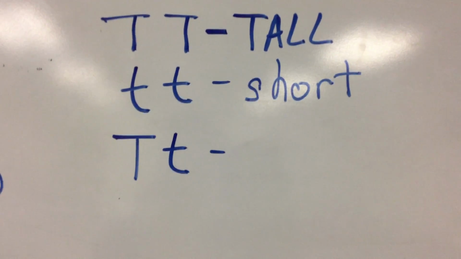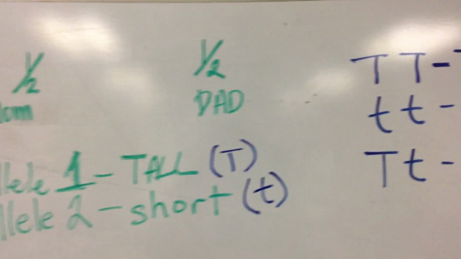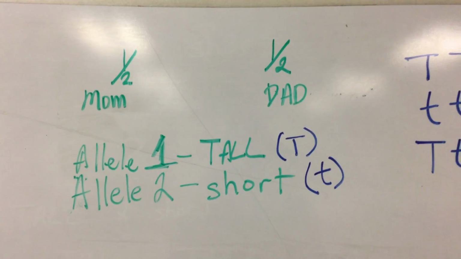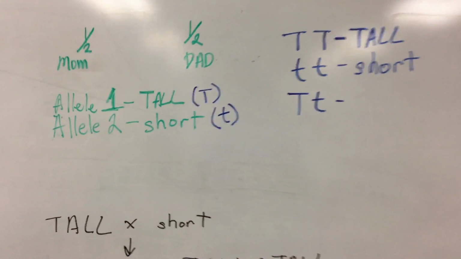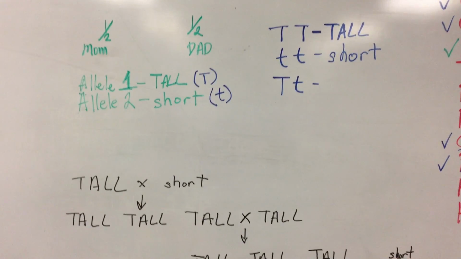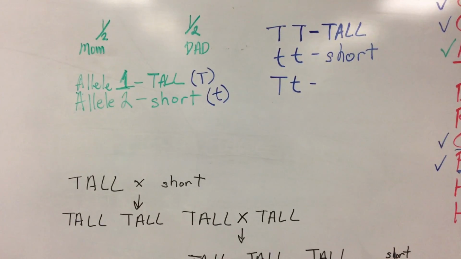Do you think this plant will be tall, short, or medium? Or do you think it depends which parent gave it which gene? So pause your video real quick and tell me what you think would happen to that plant. Do you think that plant would be tall, short, medium, or would it depend on which parent gave it the tall and which parent gave it the short?